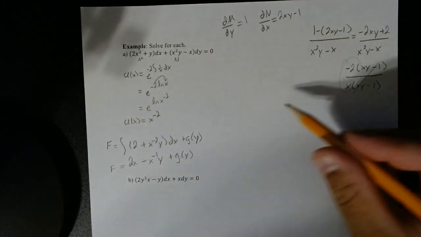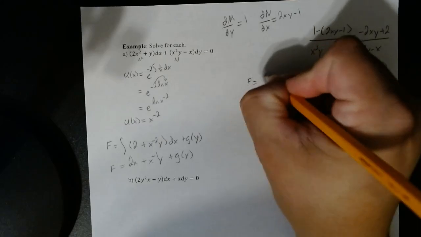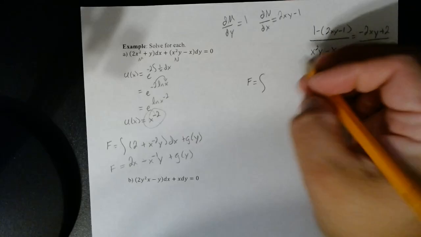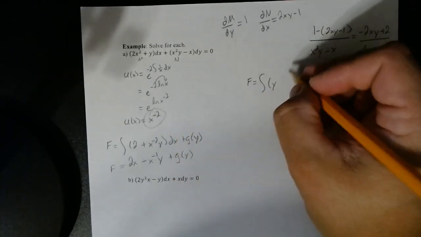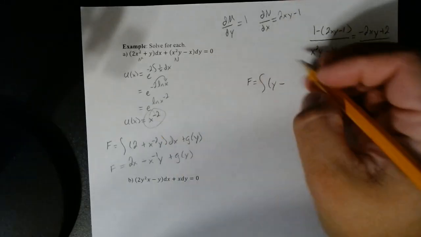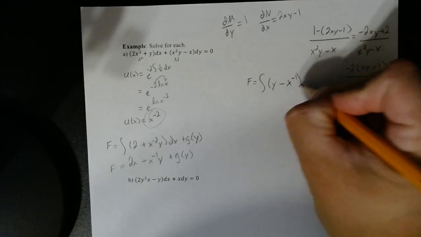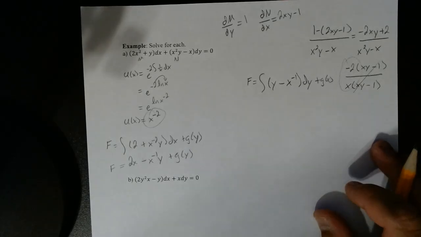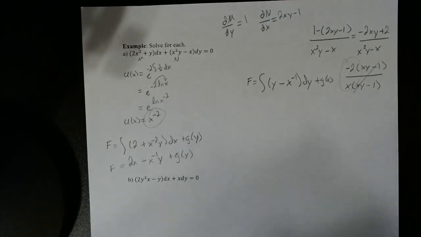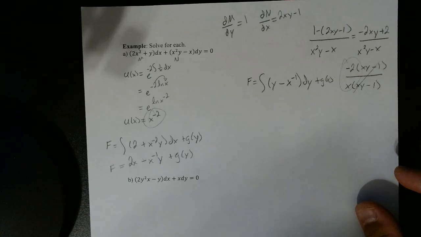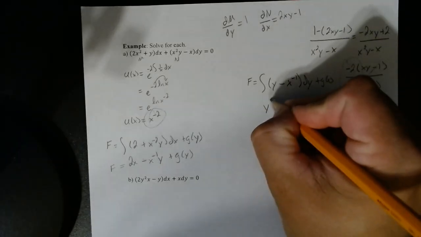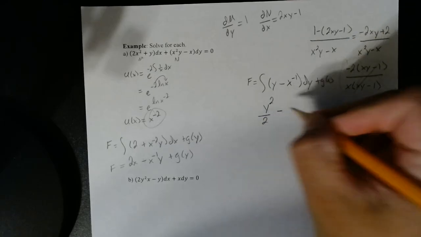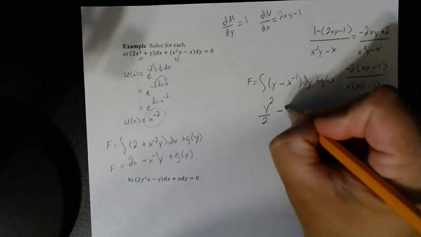Now I do the same thing for the other side. Multiplying this by x to the negative 2 power, the x's cancel, and now these ones end up being x to the negative 1 power. All right, take an integral, with respect to y, that's right.